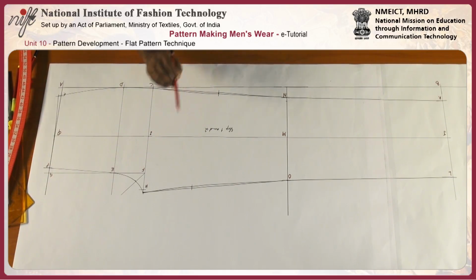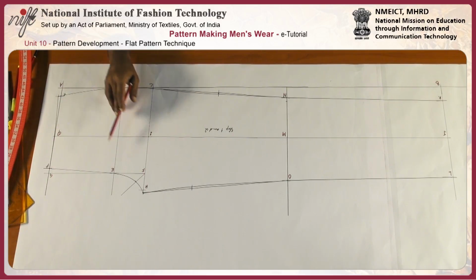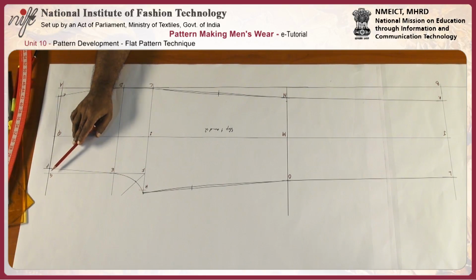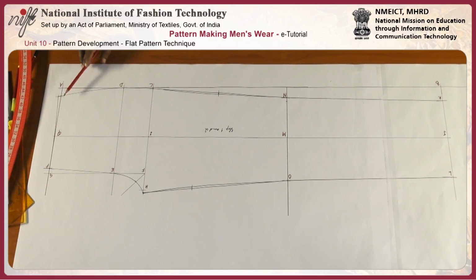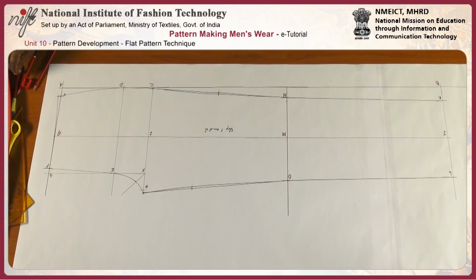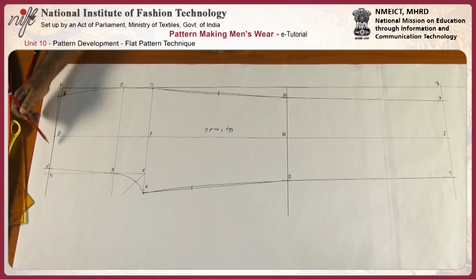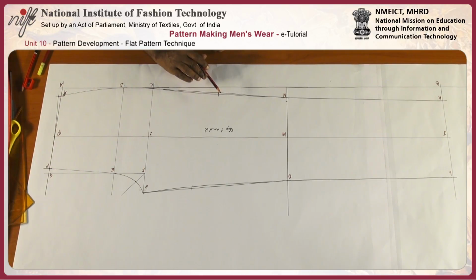Then move to shape the waistline and crotch line, of course the side seam. The crotch line from G to P 12 mm, then 1/4 of the waist arc, then 8 mm up, then mark point Q, mark point R, then connect point R and P to blend the waist arc.